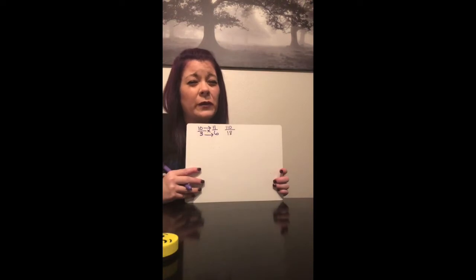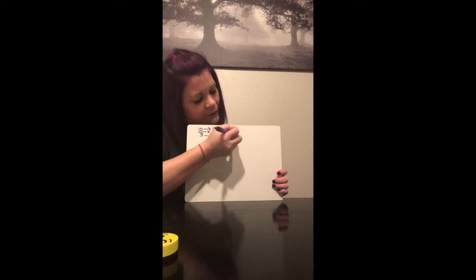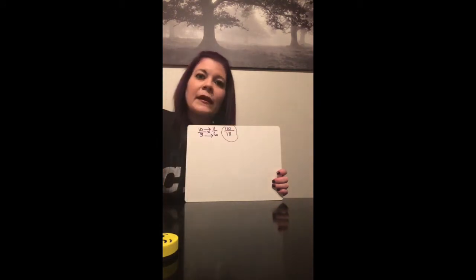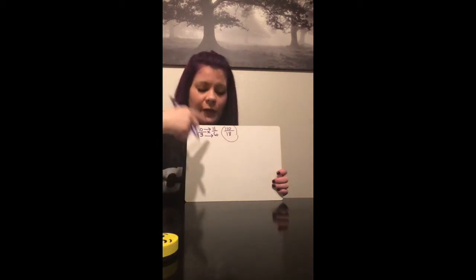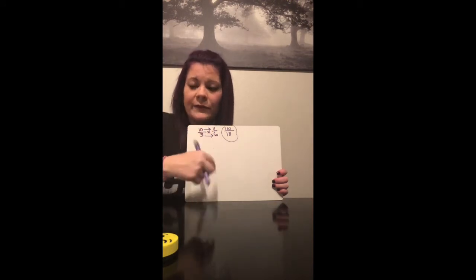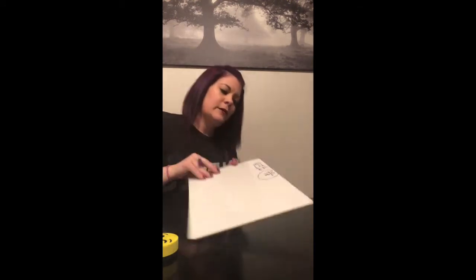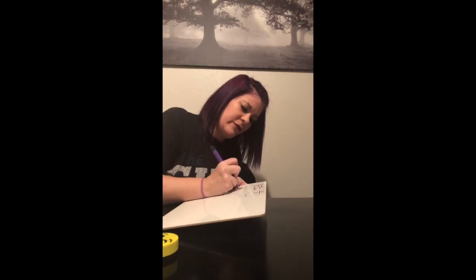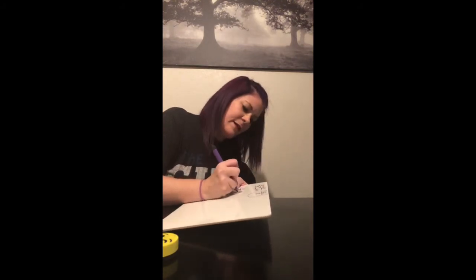Well, now we have a really big fraction, and we know it can be reduced because they're both even numbers, so we at least know 2 goes into both of those. But what if I taught you a way, instead of having to get this really big number and then reducing it, to reduce within the problem? It's called cross-reduction, and I'll show you. 10/3 times 11/6.